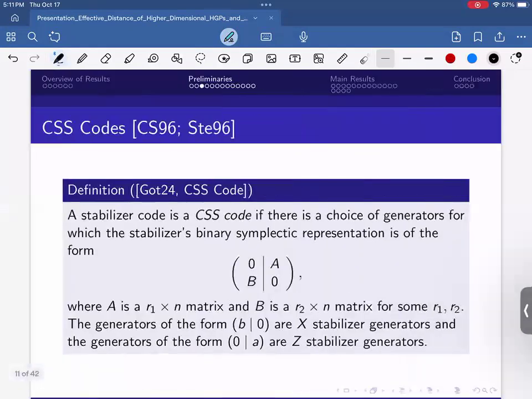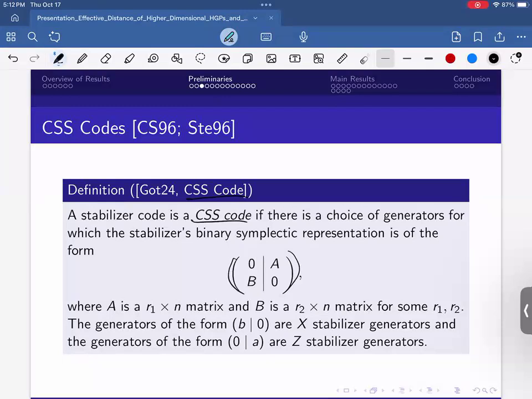And then, this representation isn't actually very important in the stuff, but it's useful to understand that CSS codes are a subfamily of stabilizer codes where you can choose your stabilizer generators such that you can write them in this particular form, the binary symplectic representation.